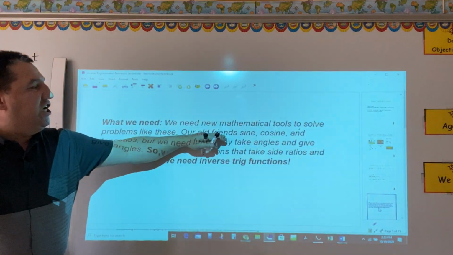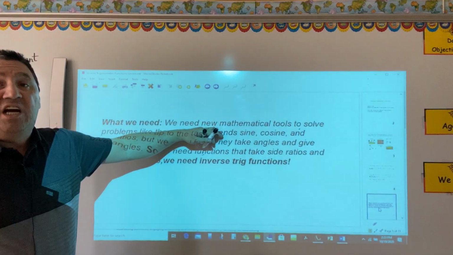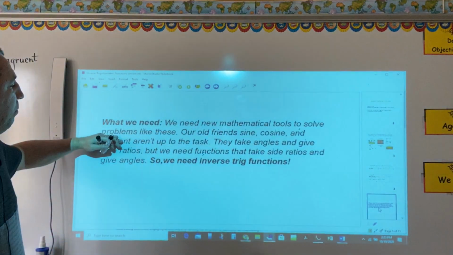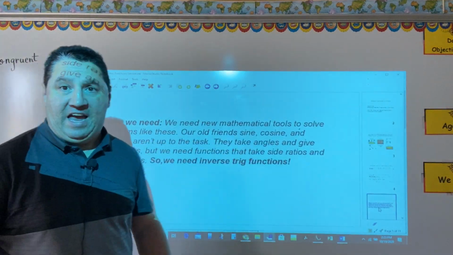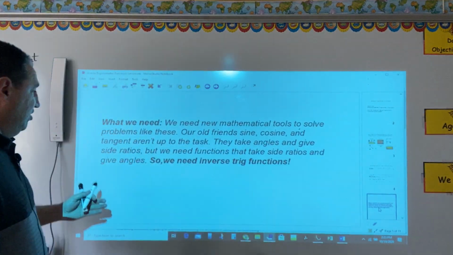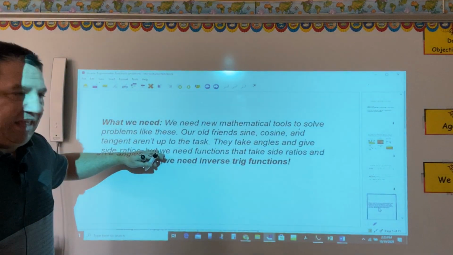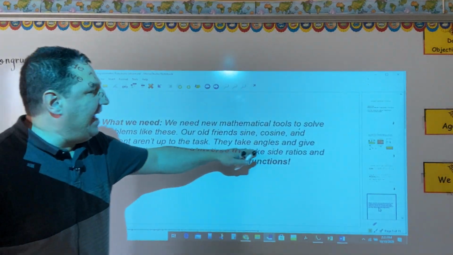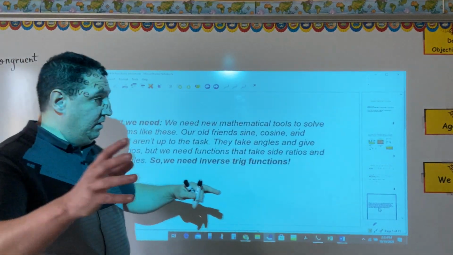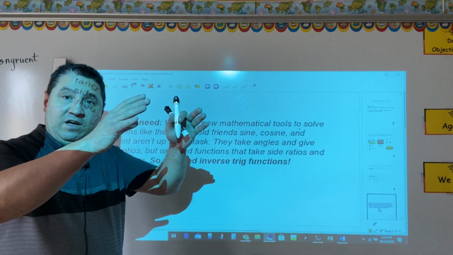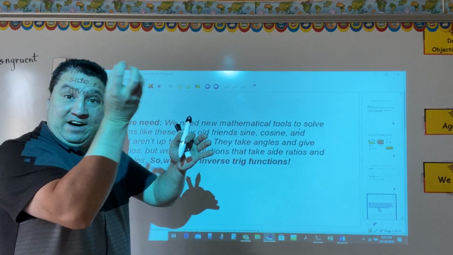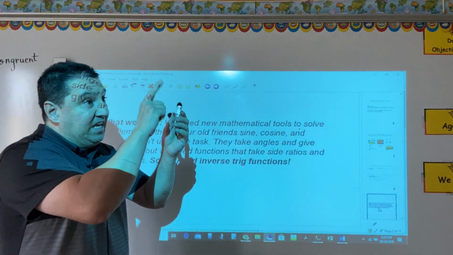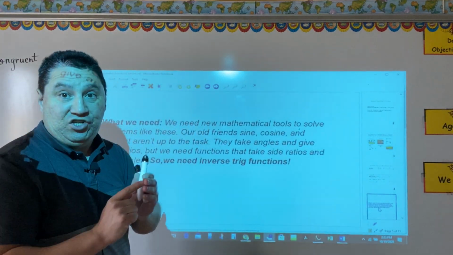We need a new mathematical tool to solve problems like this. Our old friends sine, cosine, or tangent aren't up to the task. They take angles. A trigonometric ratio takes an angle and gives the side ratio.